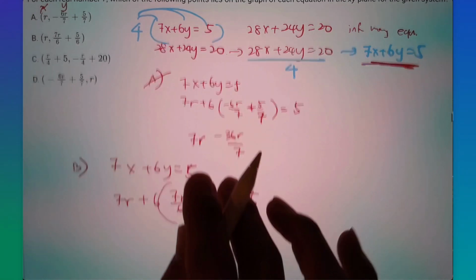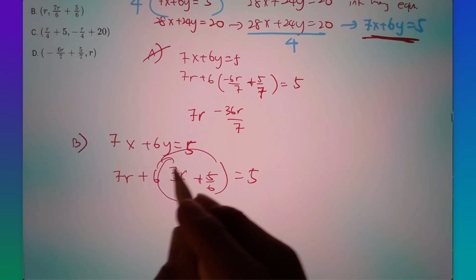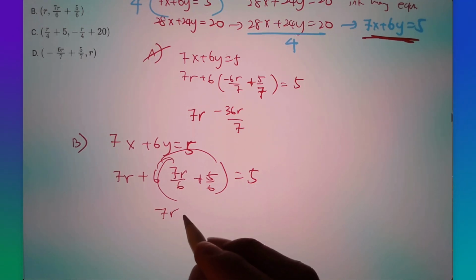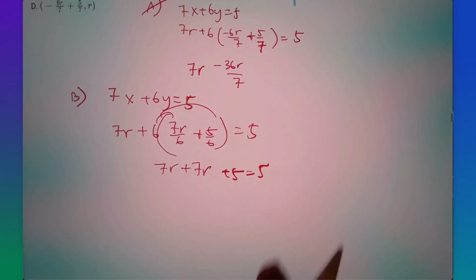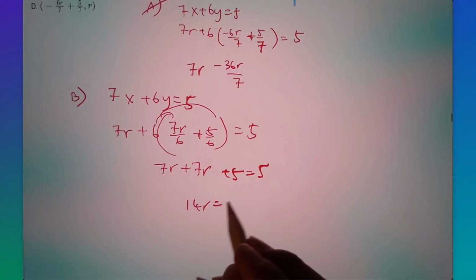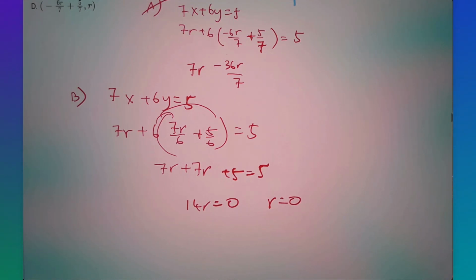Now for this one, it's kind of funny because when you distribute, the 6 cancels, but the 7r is not. So you end up getting 7r plus 7r plus 5 equals 5. Very close, but we get 14r equals 0. Then the only time that both can be equal is when r equals 0.